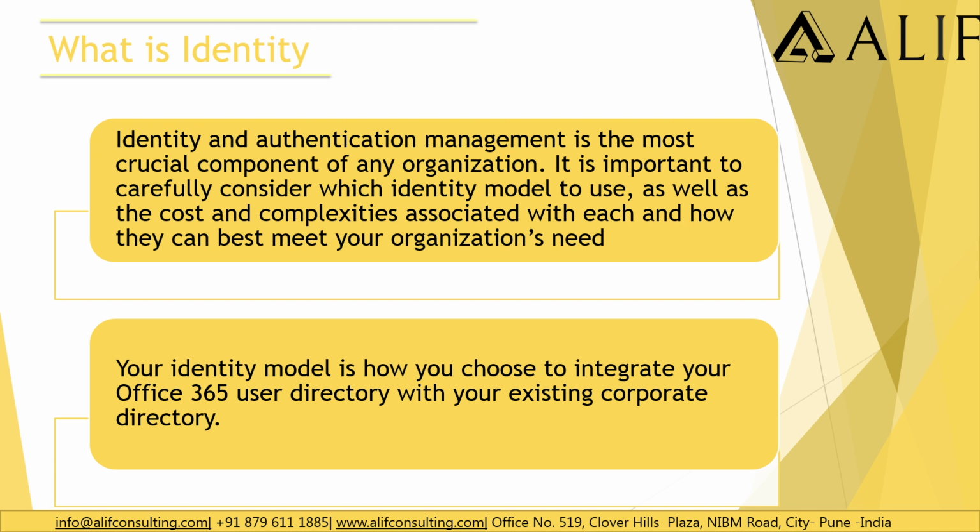This is called authorization, to allow or allocate the services for which the user is aligned. So this is what identity is, and when it comes to identity, we talk about authentication and authorization. I hope you understand what authentication and authorization mean within an identity.